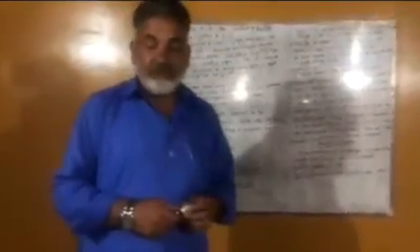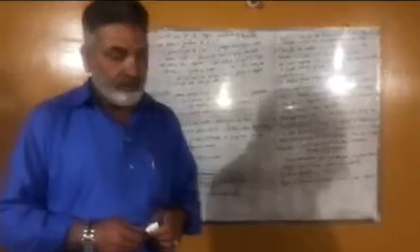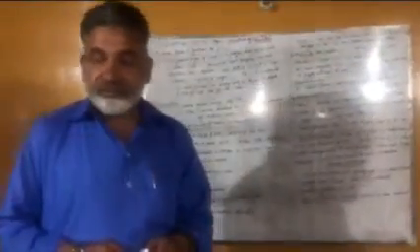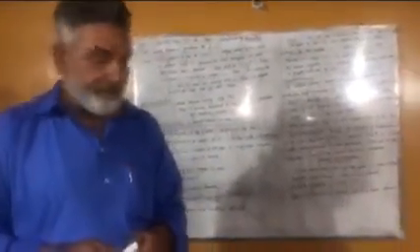The Secretary General is the Chief Administrative Officer of the UNO. The Secretariat is located at the UNO offices in New York, USA, and its branches are in Vienna, Geneva, and Nairobi.